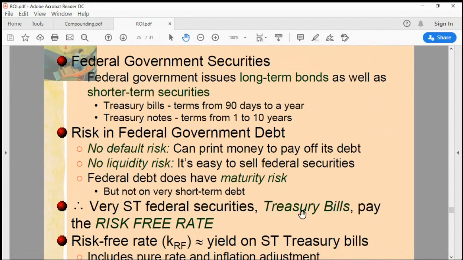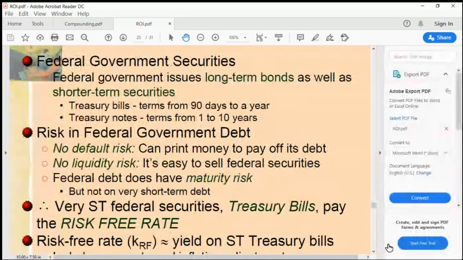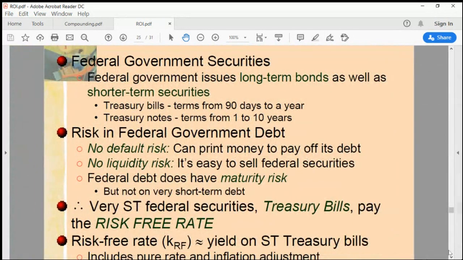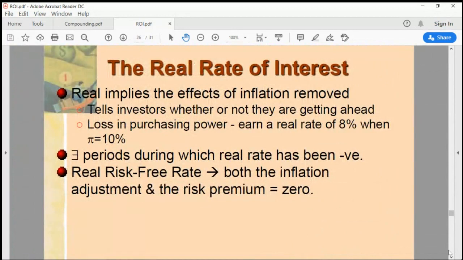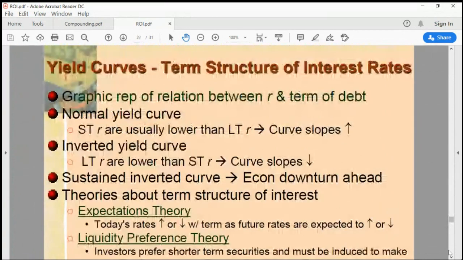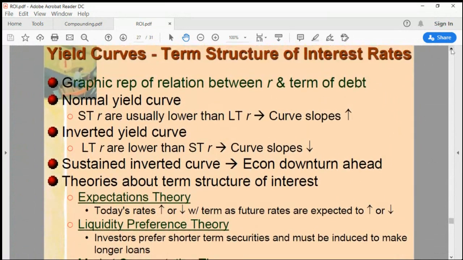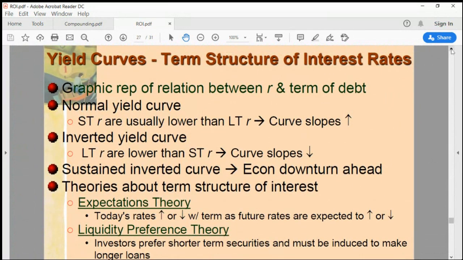Very short-term federal securities, treasury bills, pay the risk-free rate. Okay. And then the yield curve is directly related to the maturity risk.